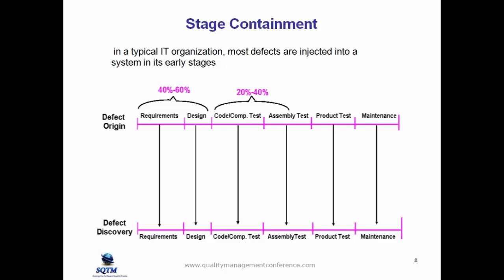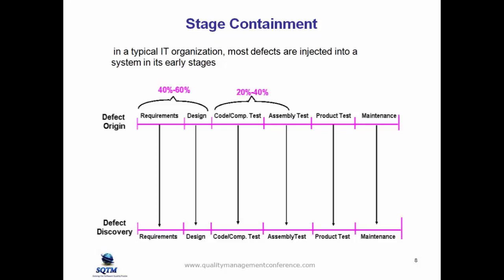Some people might be surprised by those figures. Actually, you shouldn't be. Requirements have been known to be the culprit or the villain in terms of where the majority of defects still reside, because companies still have not mastered how to write good quality requirements.